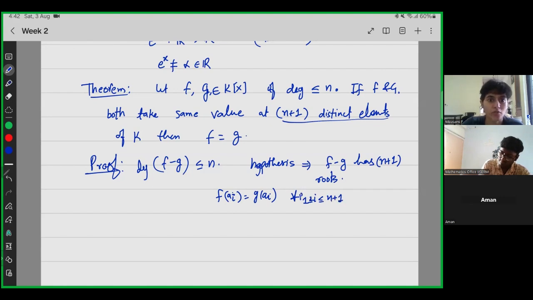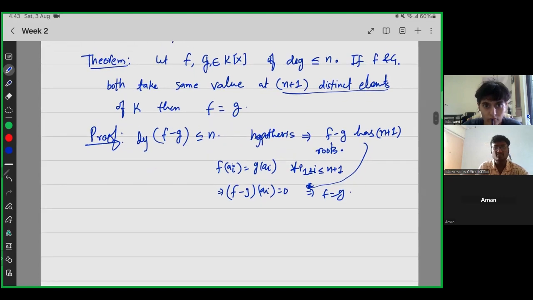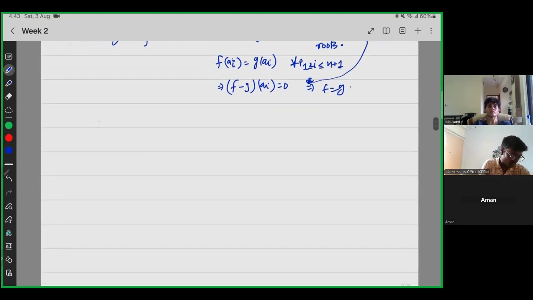So it has to be the zero polynomial. So f minus g is equal to 0 and f is equal to g. A similar thing is given in the exercise for n-variable polynomials. We will look at them after this discussion is over.